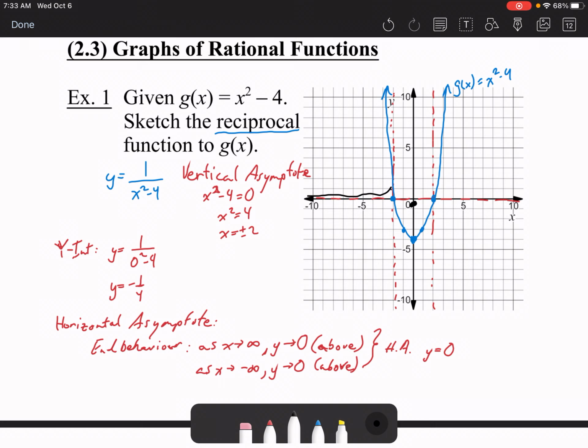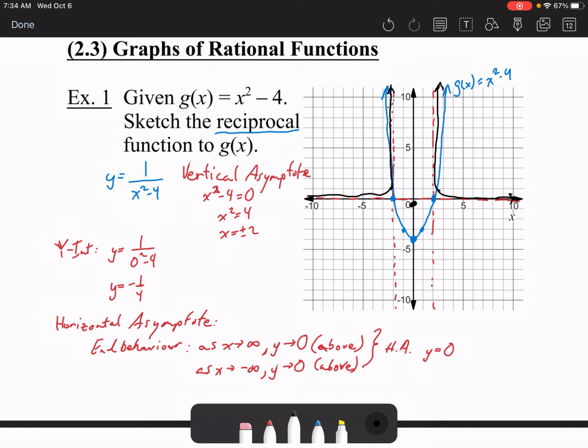It'll also cross where this value is equal to 1. It'll also cross and be greater than 0 when x is greater than 2. So cross at y equals 1, right here, and get close to these horizontal and vertical asymptotes again.